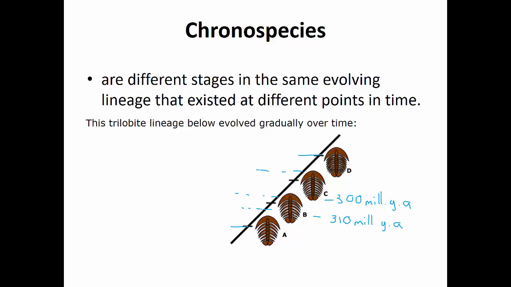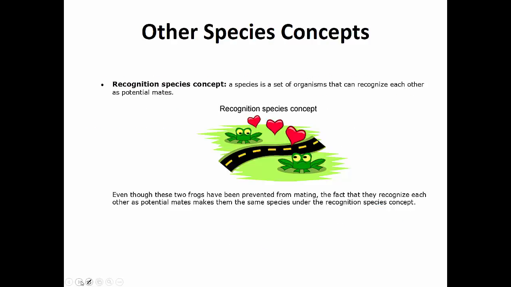And it does work, and it has been very influential in the growth of evolutionary theory, but we have to come up with other species concepts to clarify some of these limitations. So we also have something called the recognition species concept. What this means is that a species is a set of organisms that can recognize each other as potential mates.